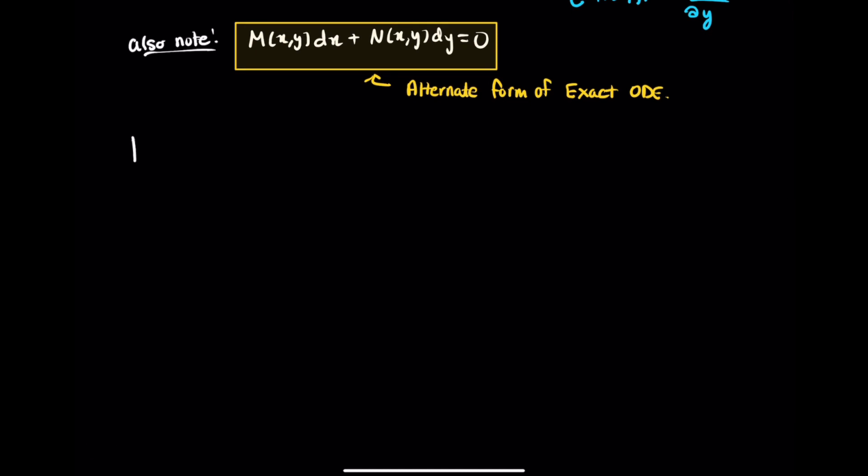So the test for exactness is very important. Okay, the procedure for solving an exact equation will always begin with this test. So the test is that the partial derivative of M with respect to y needs to equal the partial derivative of N with respect to x.